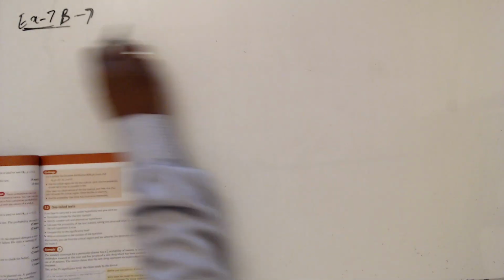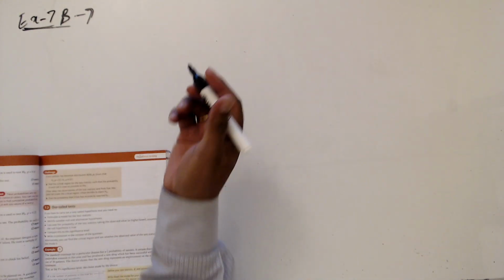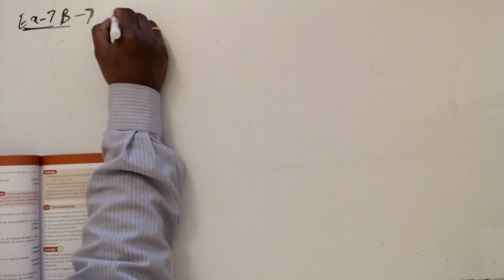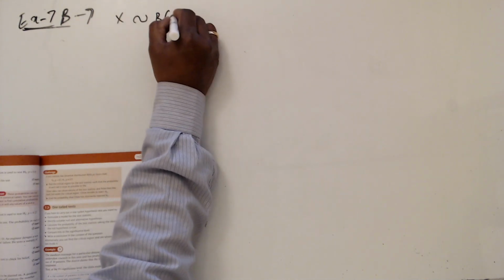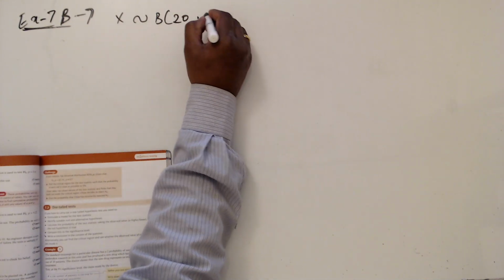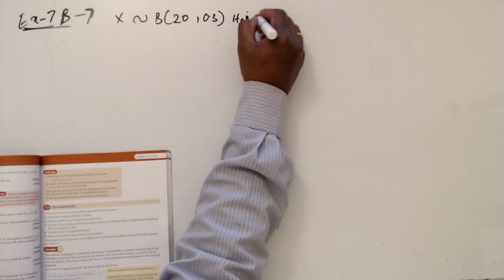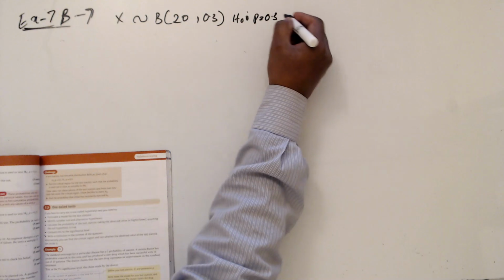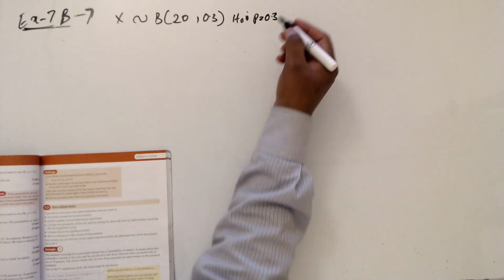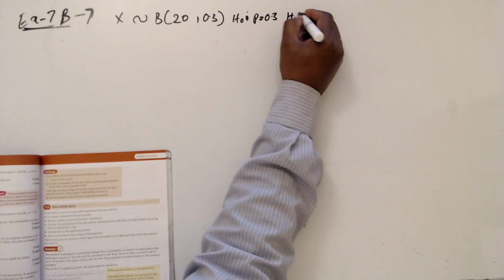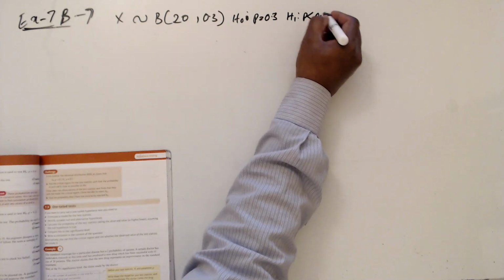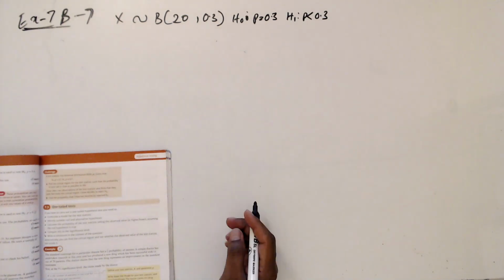It can't be any other form. According to this, x follows binomial with 20 trials and 0.3. H0 is p equals 0.3. We believe it is reduced, so H1 has to be p less than 0.3. So this is a lower tail test.